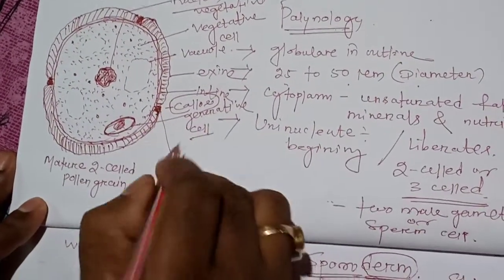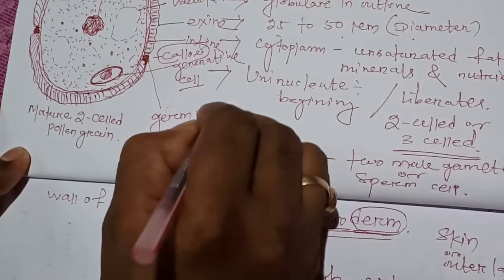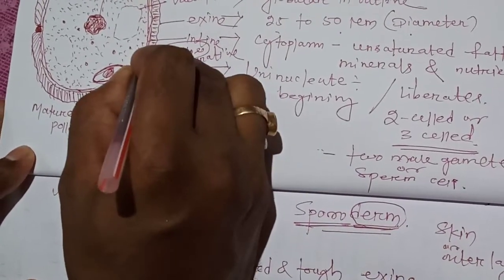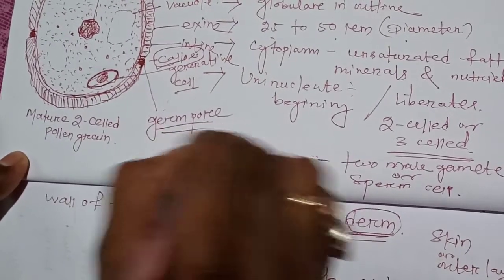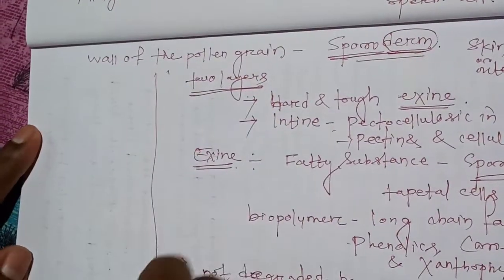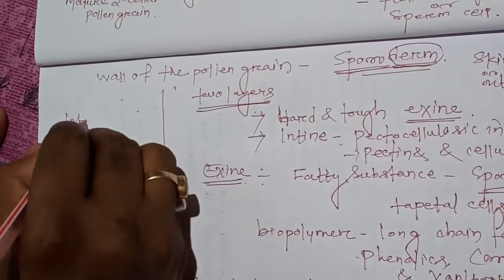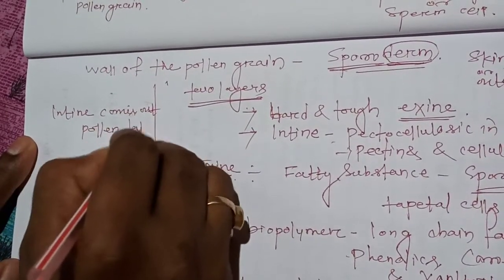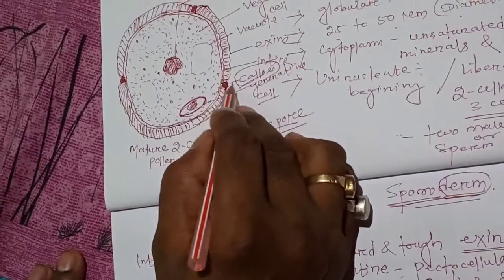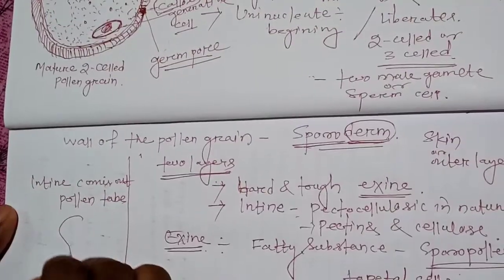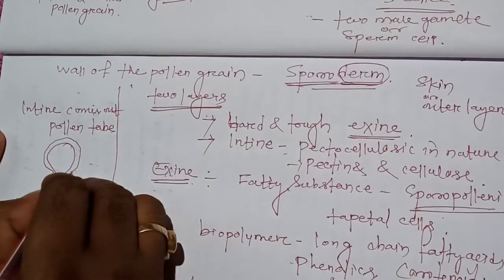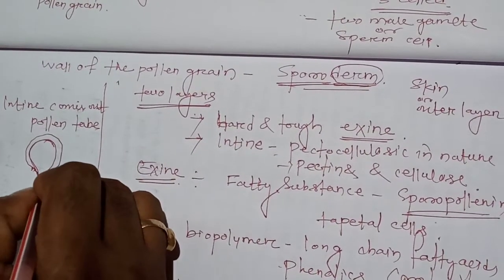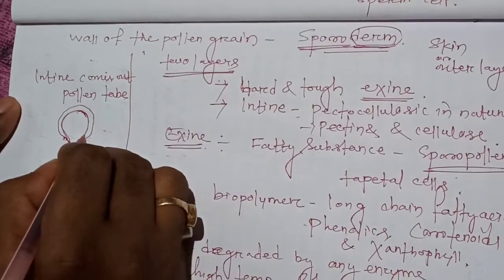At the time of pollen germination on the stigma, the intine comes out through the germ pore in the form of a pollen tube.